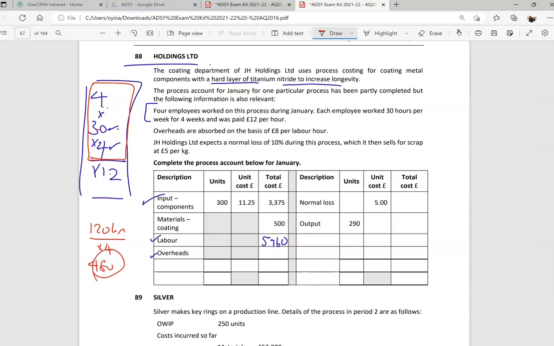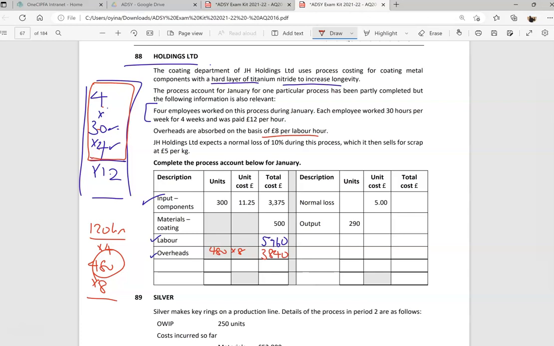We're absorbing overheads at a rate of £8 per hour, so the overheads become 480 times 8, and that's 3,840.